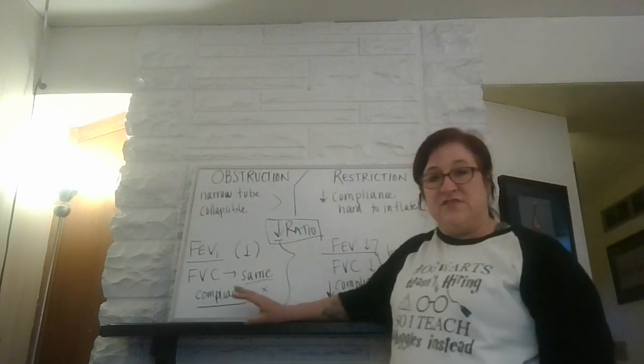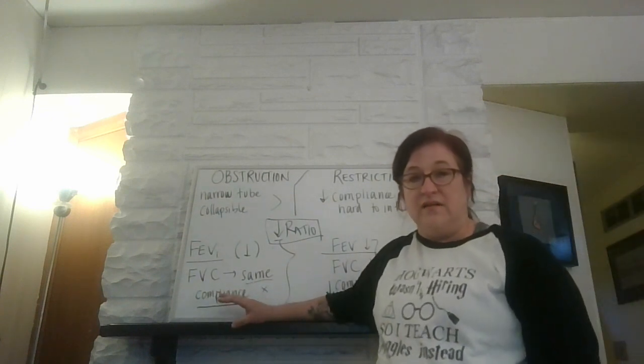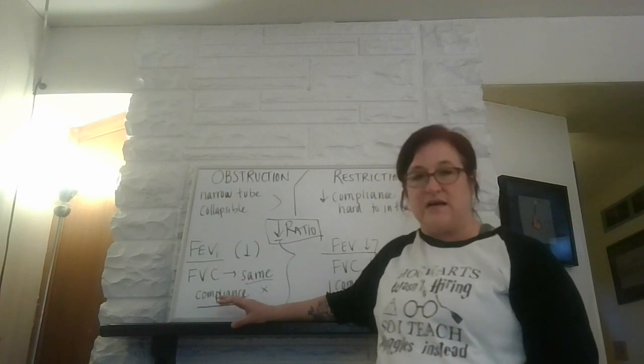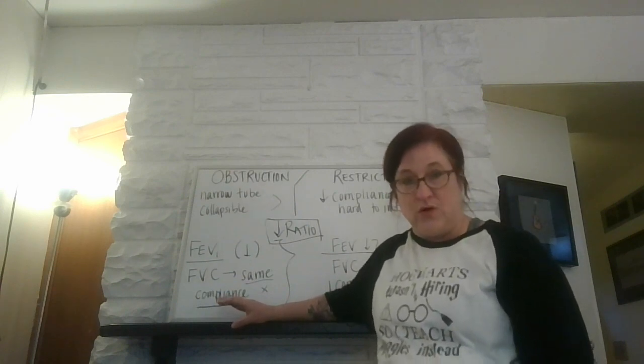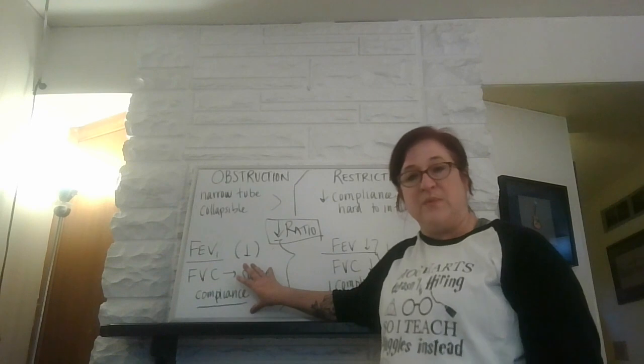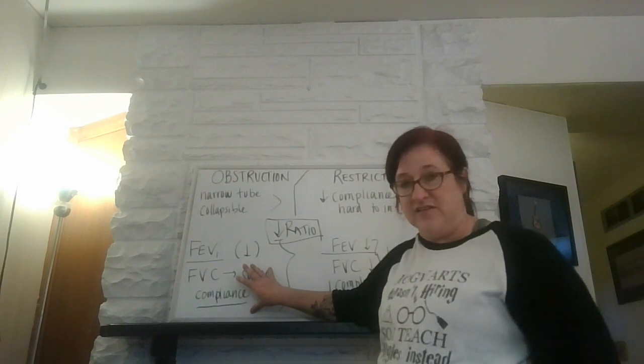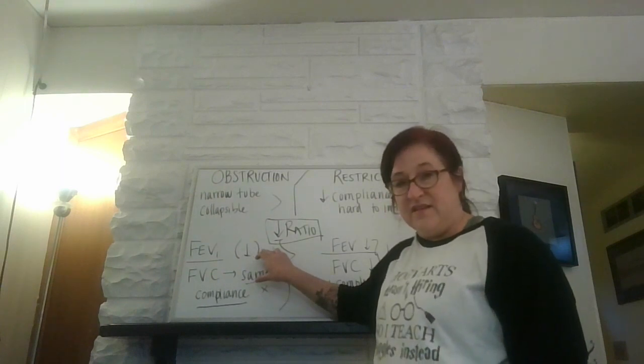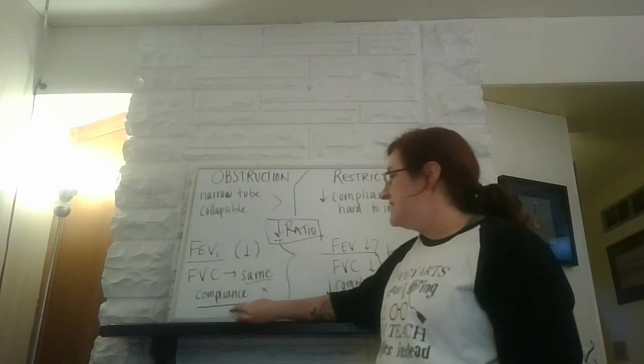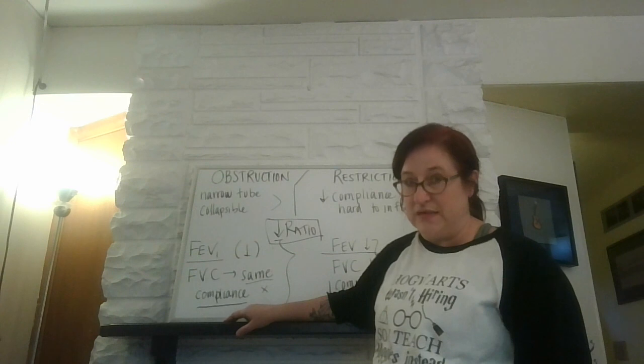With an obstructive disorder, the tubes are narrow and collapsible, so my forced expiratory volume will be significantly lower, but I haven't changed the compliance of the lung tissue itself, so the capacity hasn't changed. So it's just the FEV that's low, not the FVC, which means the ratio decreases.